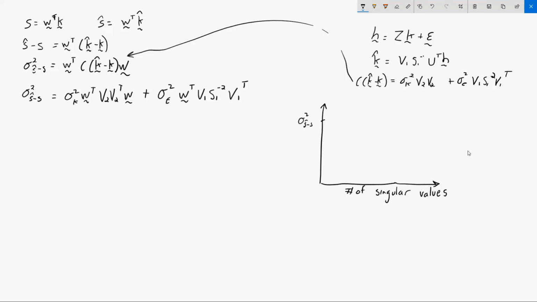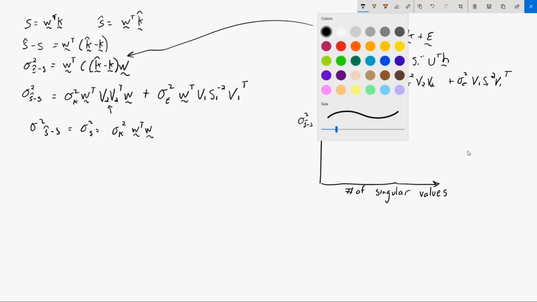So in that case, it is simply sigma squared (s hat minus s) equals the innate uncertainty of the prediction equals sigma k squared w^T w, because this V2^T becomes the identity matrix when the null space is all of parameter space, because we're not doing any history matching.